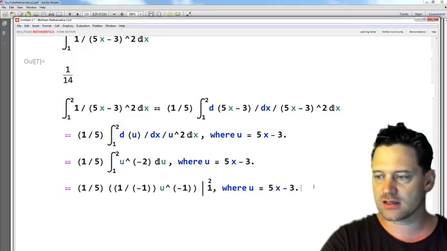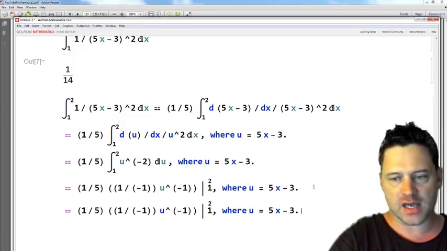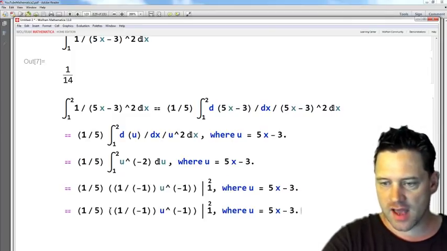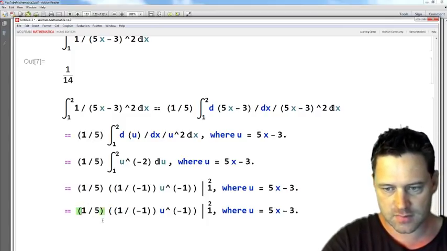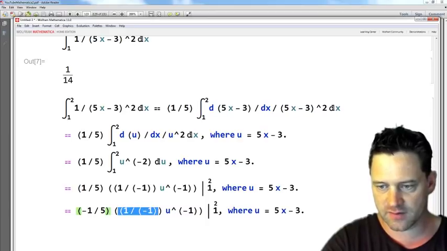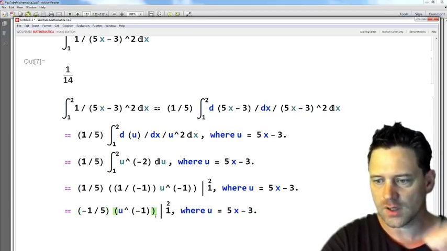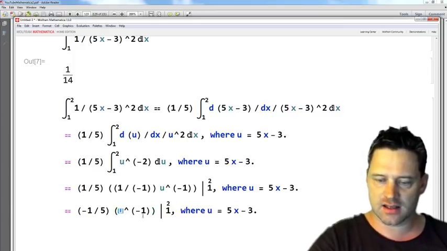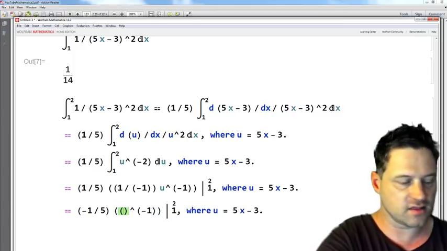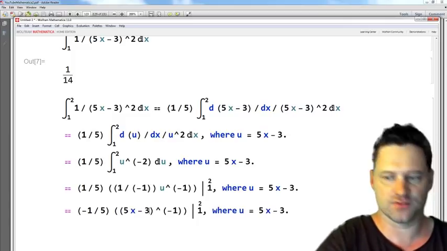So I'll copy this, paste. Now that -1 that's there, let's just put it out in front, and I can get rid of it. The next thing we need to do is replace this u with 5x minus 3.